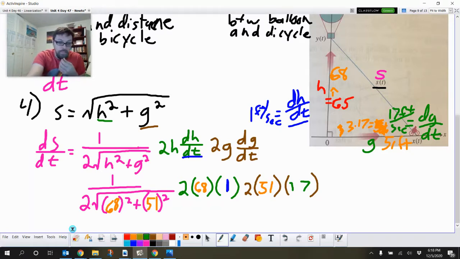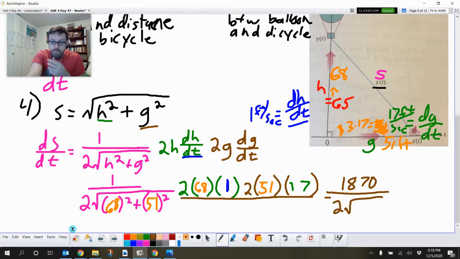All right. Well, let's see what all this stuff equals. You can grab your calculator. This whole chunk ends up getting 1,870 divided by 2 times the square root of 7,225, which is 68 squared plus 51 squared. The square root of 7,225 actually is a nice number.